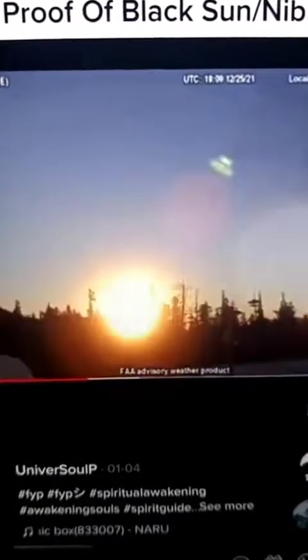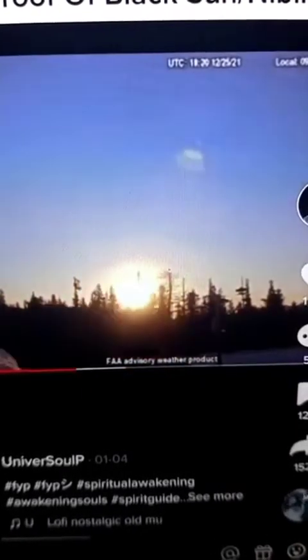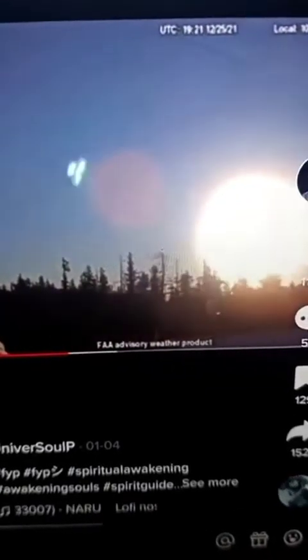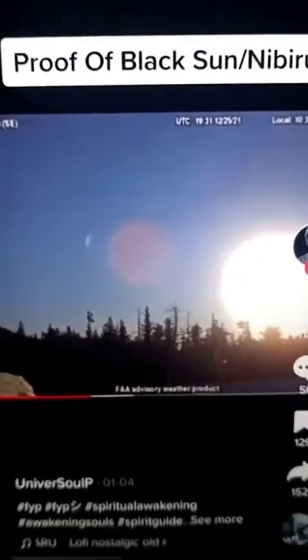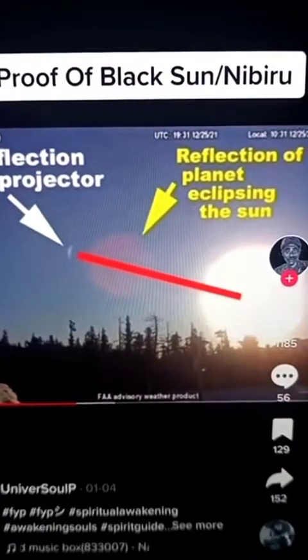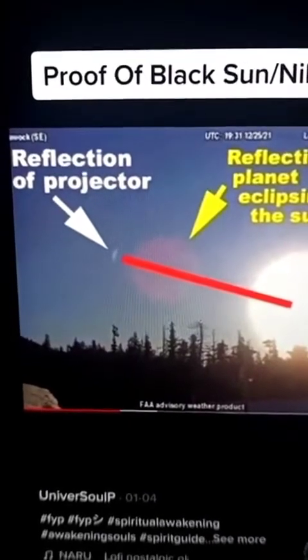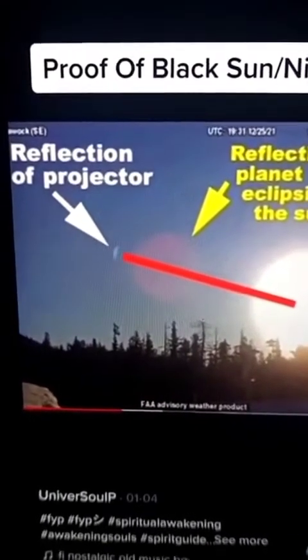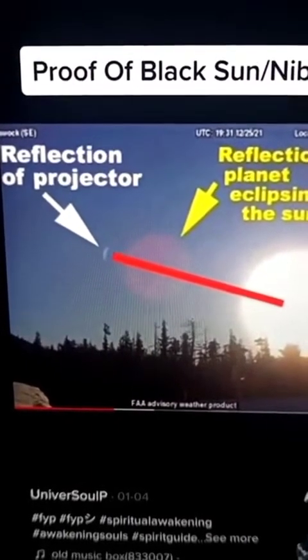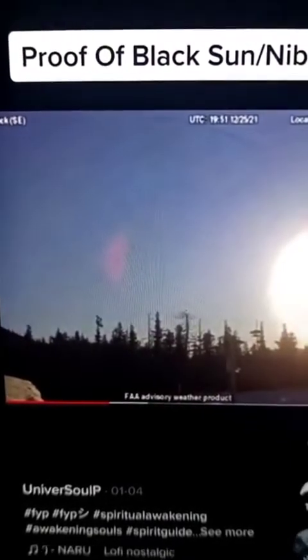Notice how the bell is always aimed toward the sun so that it can keep projecting a circular glare onto the sun as the eclipsing planet passes behind the manufactured light, completely concealing the eclipse. If we draw a line from the center of the manufactured light to the reflection of the projector, the eclipsing planet always falls upon that line. Always. Remember where this line is, because we're going to see the eclipsing planet in the next few frames.